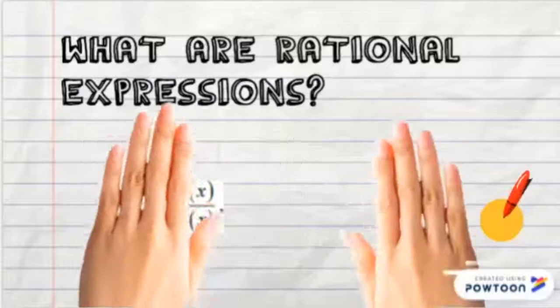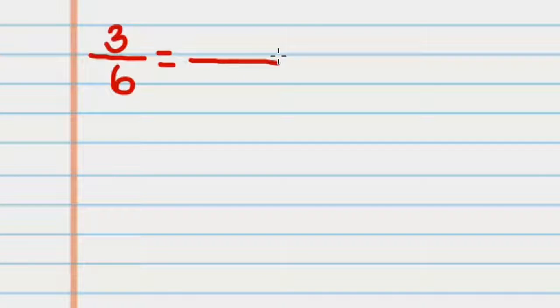That's it. When we first started learning about fractions or rational numbers, we learned about the idea of putting things in lowest terms. So, if we saw something like 3 over 6, we knew that 3 and 6 share a common factor. We know that 3 could be written simply as 3 times 1, while we could write 6 as 2 times 3.